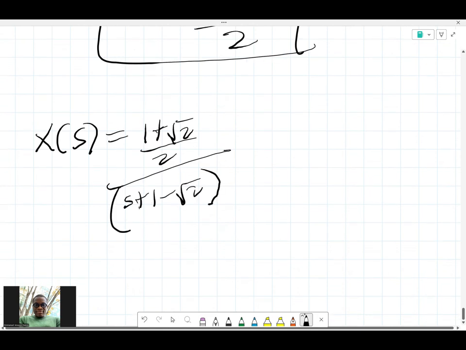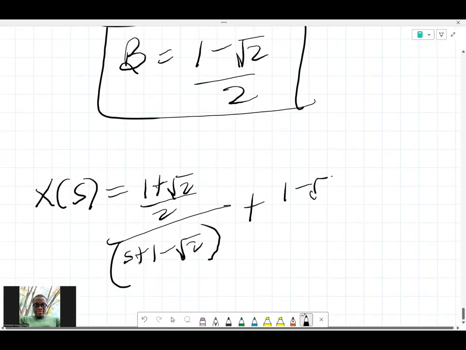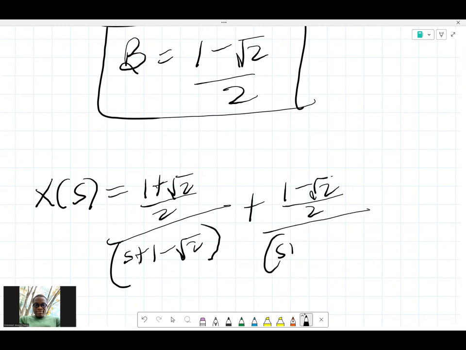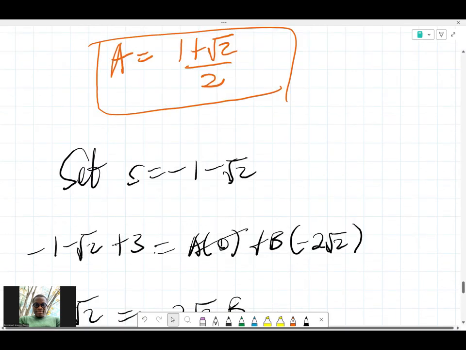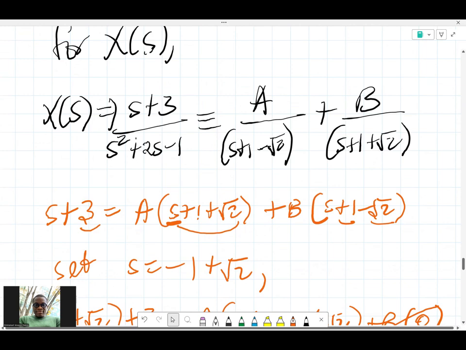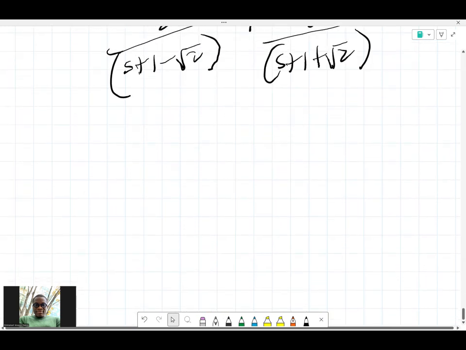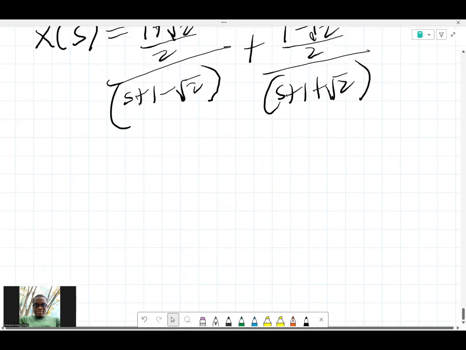Then on the other hand, we have plus 1 minus root 2 all over 2 divided by s plus 1 plus root 2, based on what we have up here. So we can now take the inverse Laplace of this.